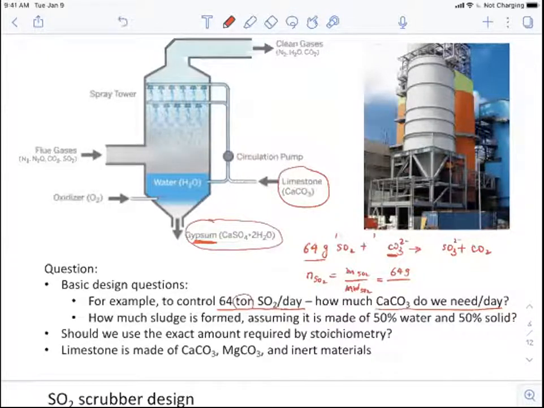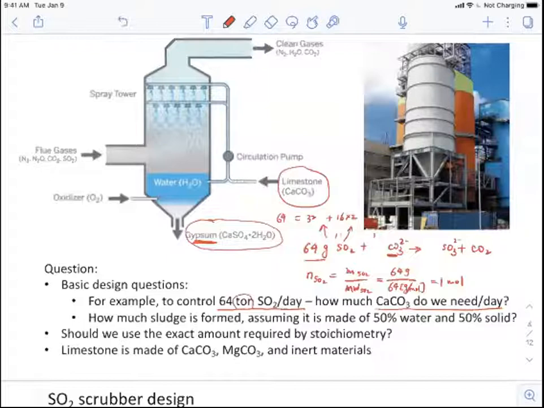Sulfur is 32 grams per mole, oxygen is 16, but we need to multiply that by 2, and this turns out to be 64 grams per mole. That is simple enough, and that's exactly 1 mole. So 64 grams of sulfur dioxide is 1 mole of sulfur dioxide.